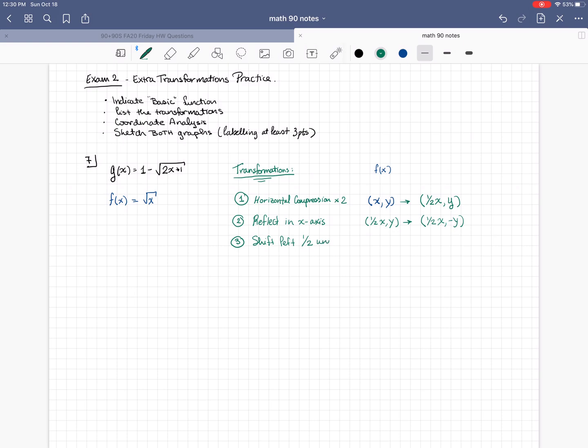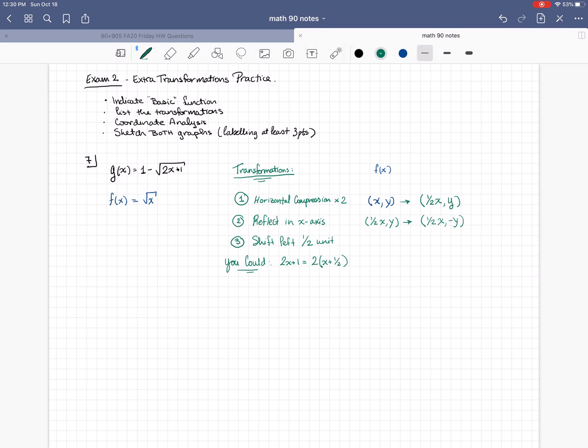1/2 of a unit. From an algebraic standpoint, one thing that some people find helpful is factoring that 2 out. So you could say 2x plus 1 is equal to 2 times x plus 1/2.